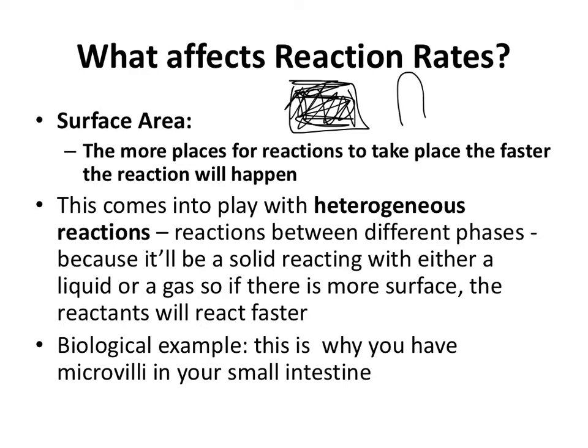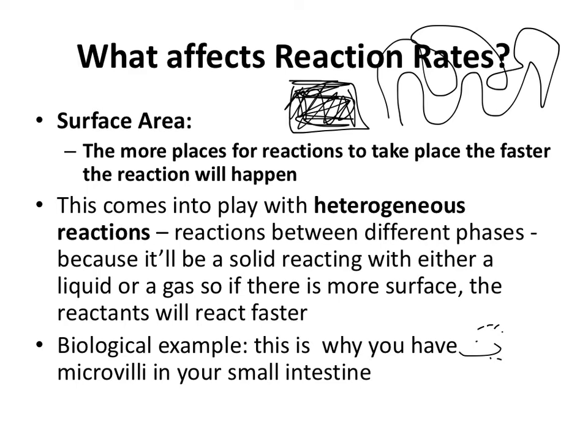Versus if we have a wire of the same amount, then that's going to increase our surface area. The more places for reactions to take place, the faster the reaction will happen. So powdered substances are going to react faster than a solid substance.